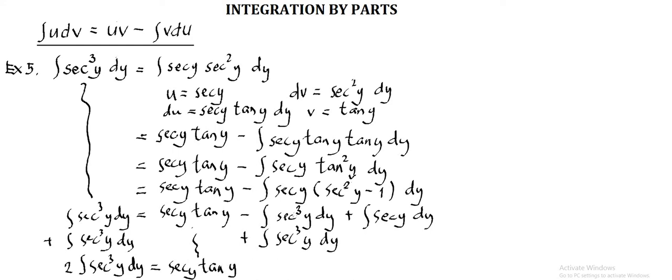And then, negative integral of secant cubed of y dy plus integral of secant cubed of y dy equals 0. So, matitira lang itong nasa dulo, plus integral of secant of y dy.